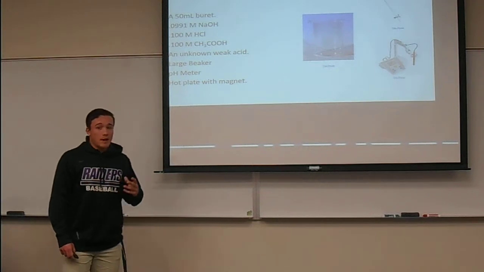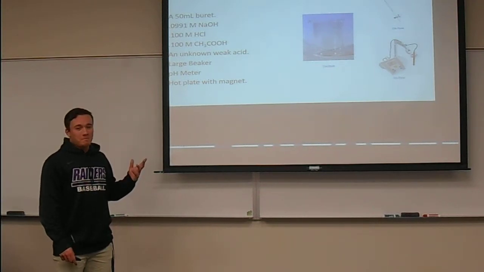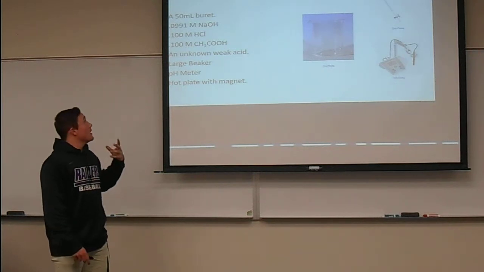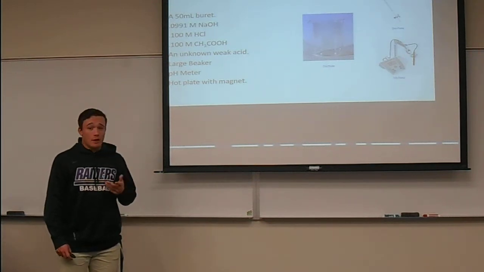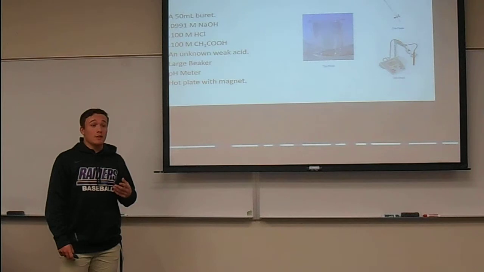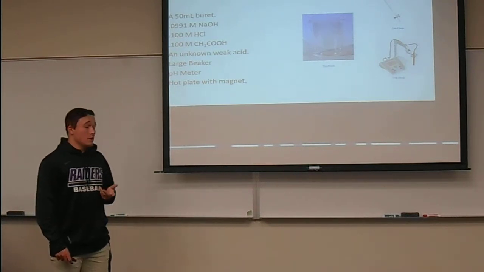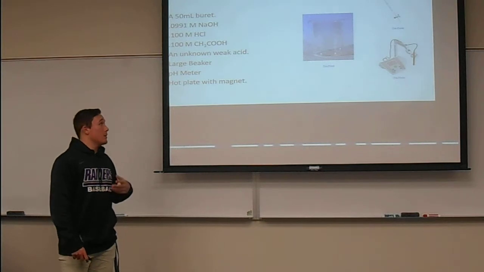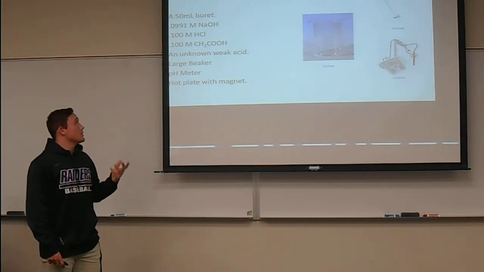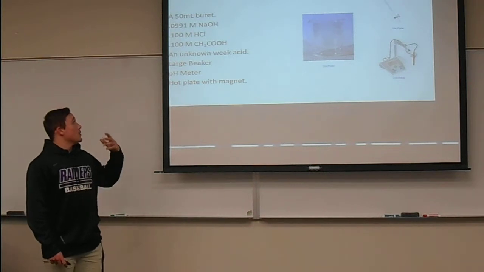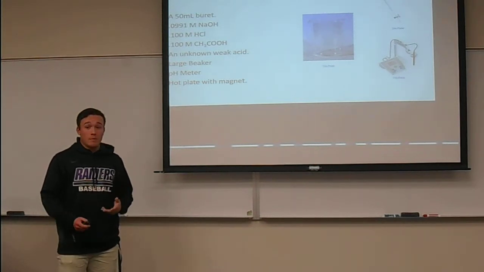First, you're going to need some items to do this lab. That's a 50 milliliter burette, a 0.0991 molar solution of sodium hydroxide, a 0.100 molar solution of hydrochloric acid, and a 0.100 molar solution of acetic acid. You're going to get your unknown solution later.